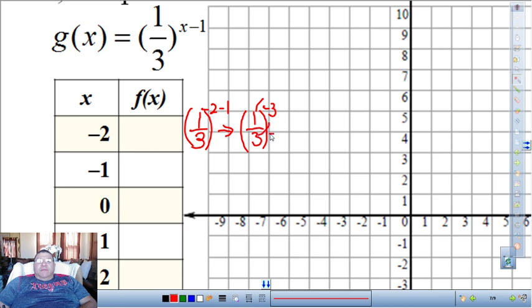Distribute. That gives us 1 to the negative 3, 3 to the negative 3. So if we bring this one up, this one down, we got 3 to the third over 1 to the third. So this becomes 3 times 3 times 3, that's 27 over 1, which is 27. And that goes right there.